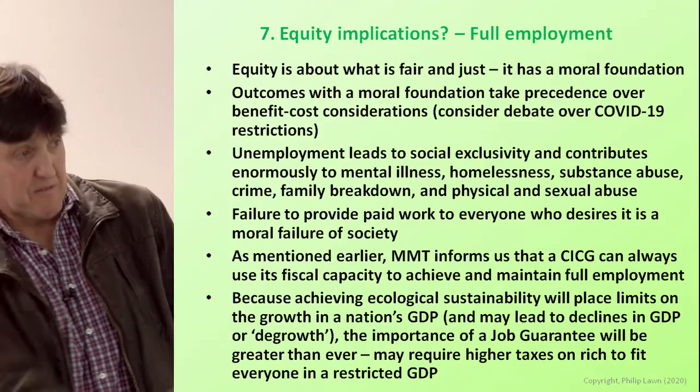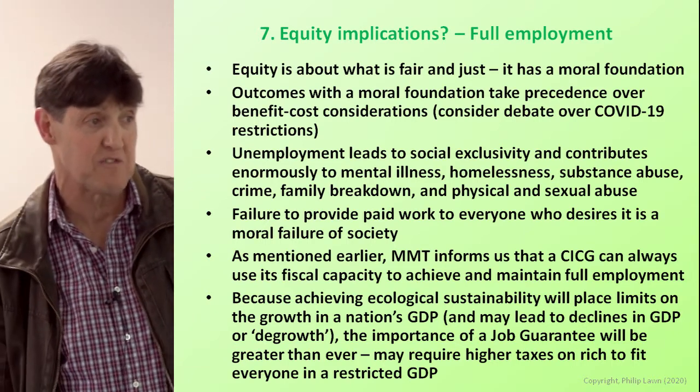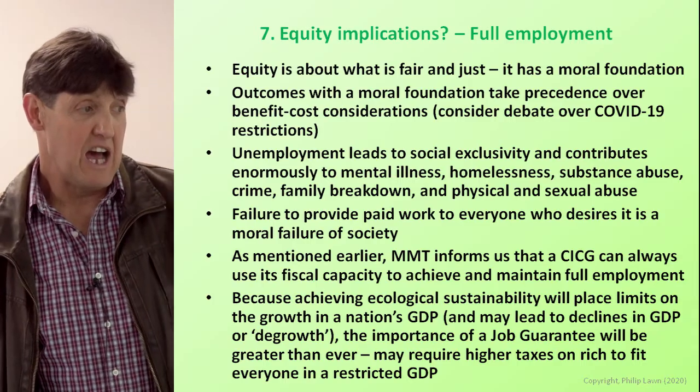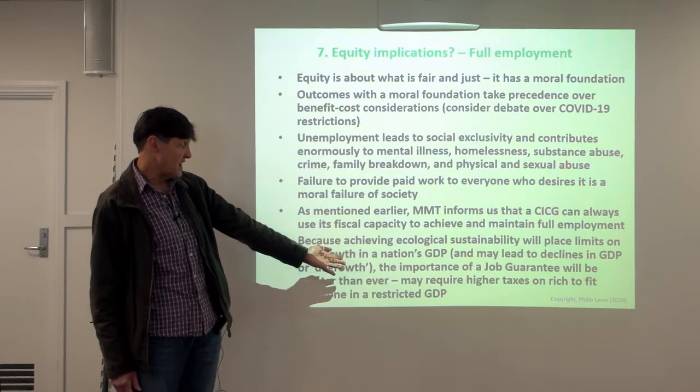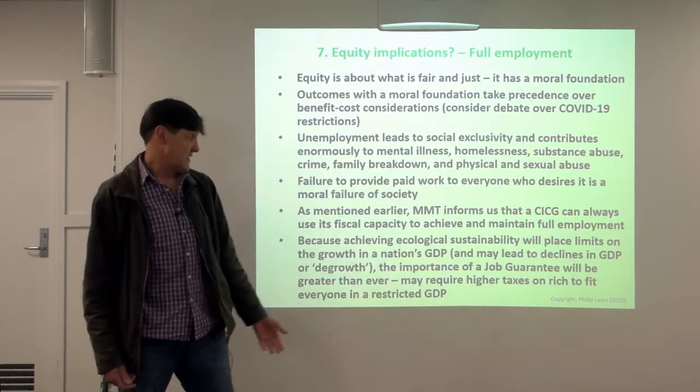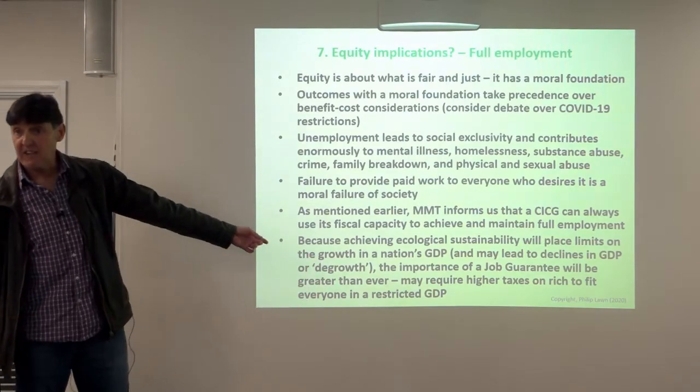So, as mentioned earlier, MMT informs us that a currency-issuing central government can always use its fiscal capacity to achieve and maintain full employment. Because achieving ecological sustainability will place limits on the growth in a nation's GDP and may even lead to declines in GDP or degrowth. So some countries, in order to operate sustainably, may have to have lower GDP.